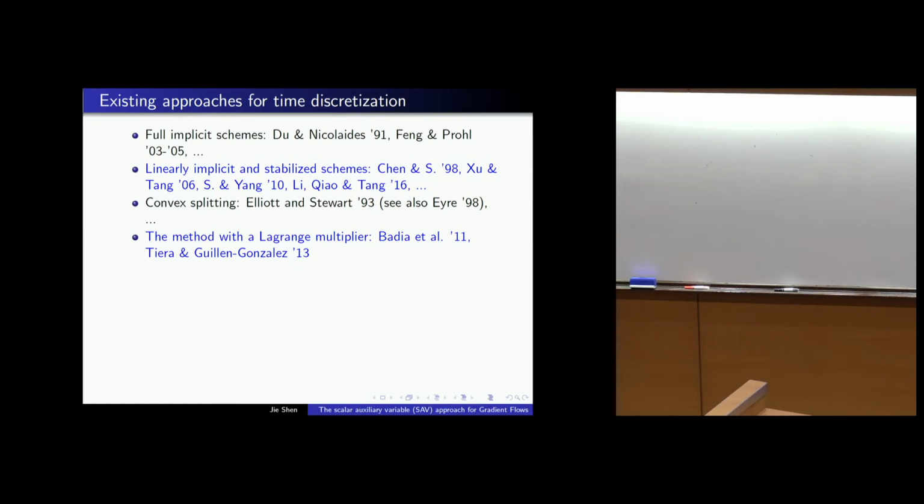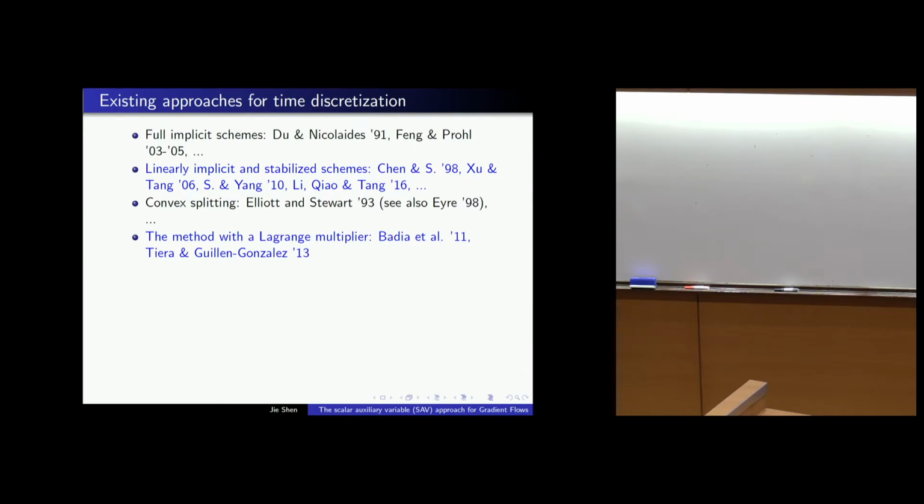There are lots of ways to linearize the equation and add a stabilizing term, so that it can also be unconditionally stable, but with some conditions on the nonlinear potential, Lipschitz conditions, which are not even satisfied by the double well potential.